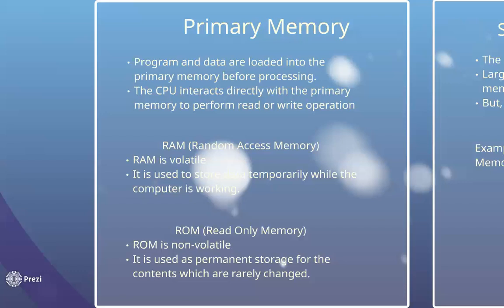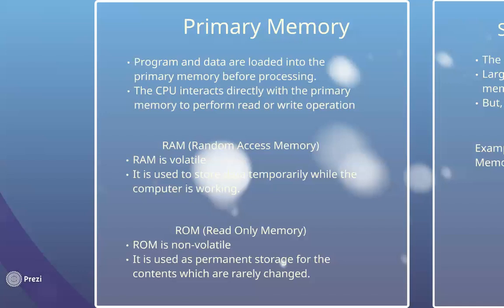So what kind of content is stored in ROM? Your BIOS settings. BIOS is basic input output system. What it means is, whenever you're switching on your system, you see that certain programs get executed. We don't need to do anything in that.